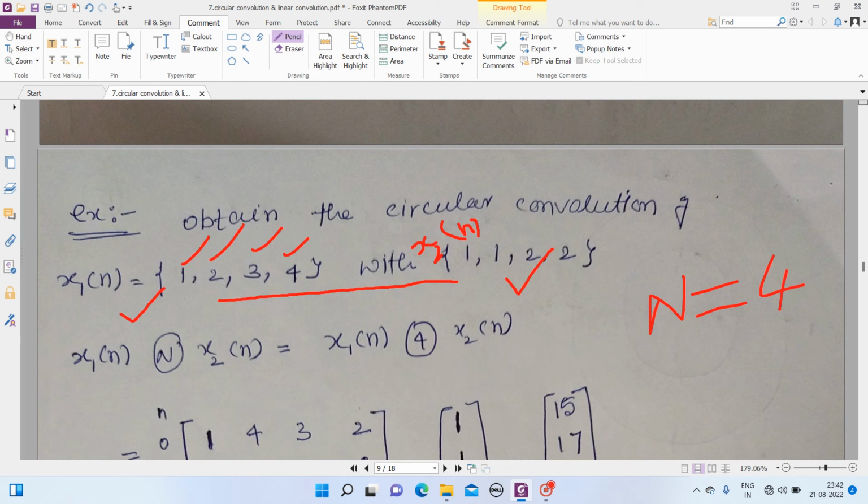Usually small n varies between 0, 1, 2, 3. Similarly this is also 0, 1, 2, 3. These are the two sequences. This is the mathematical representation of circular convolution of x1 of n and x2 of n. Here the capital N is 4.